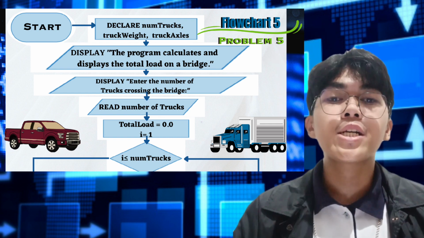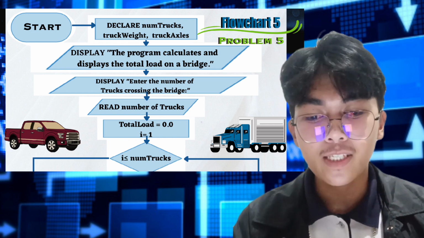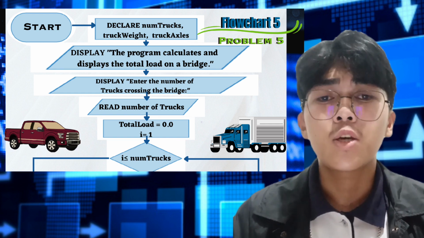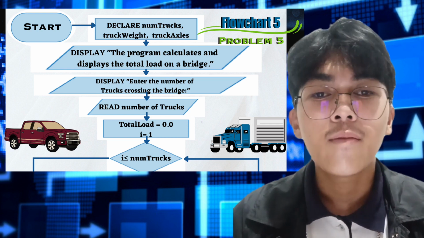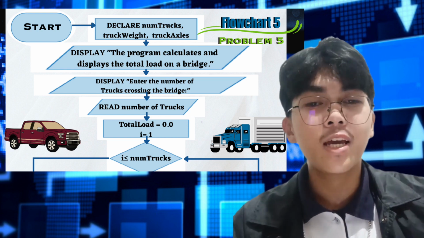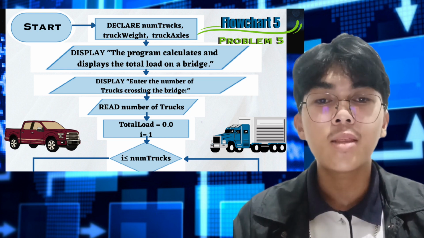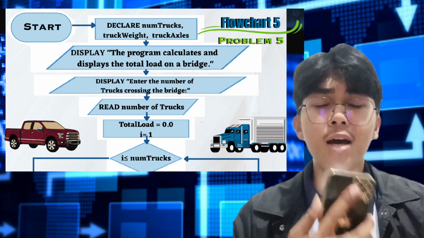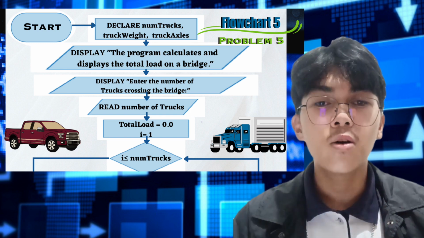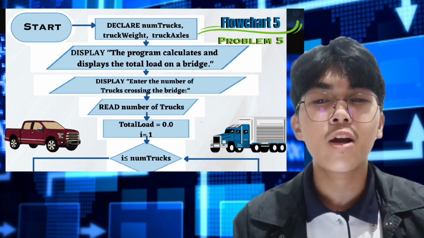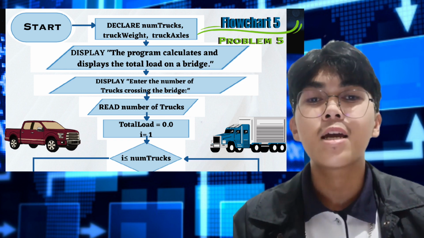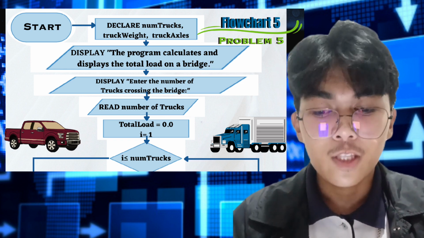So guys, the next part of the program is a process wherein we declare the total load equal to 0. Why? Because when the bridge has no vehicle at all, the total load on that bridge is 0. Meaning, we are going to disregard the actual weight of the bridge, the concrete, the steel, and all the materials present on that particular bridge, except for the vehicles or the trucks.